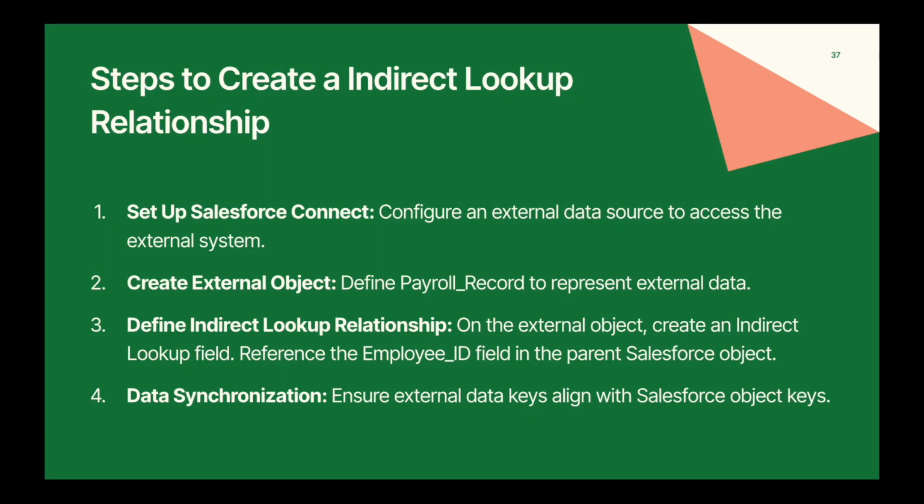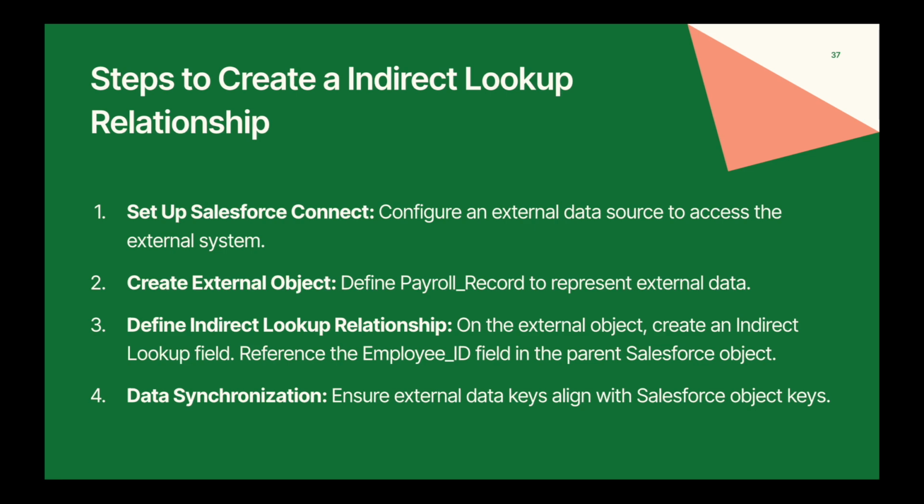Now, how can we create it exactly, using what procedure? We will first set up Salesforce Connect. On Salesforce Connect, we will configure the external data source to access the external system. This we will cover in another video where we will discuss Salesforce Connect in depth. Then we will create an external object.